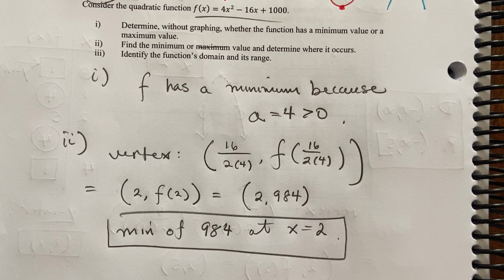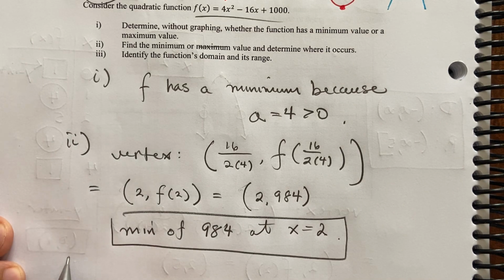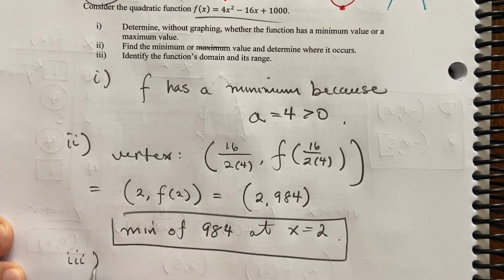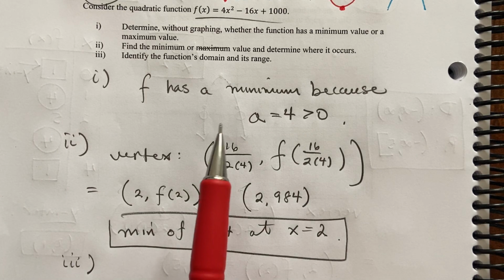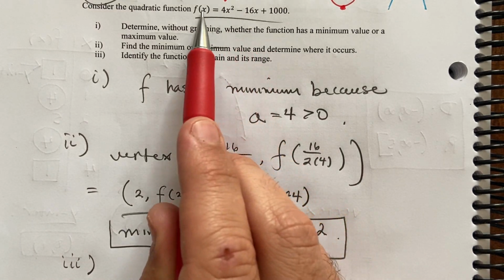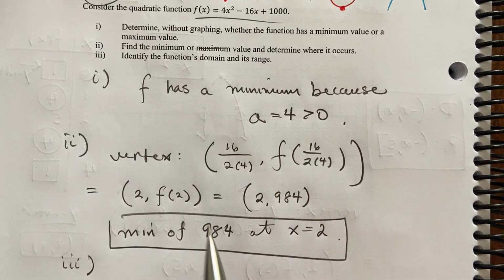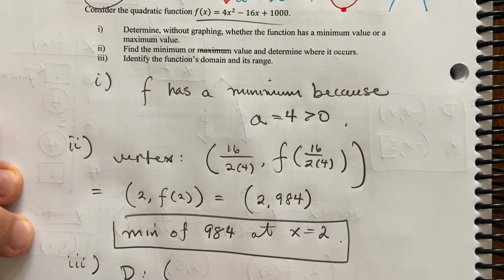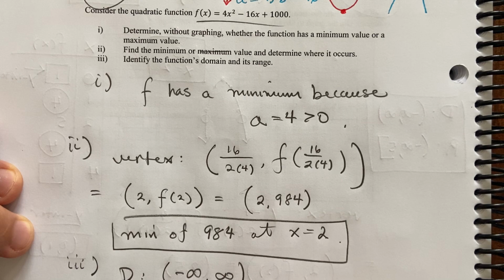Part 3, find the function's domain and range. Since this again is a polynomial, any number can be plugged into here. So the domain will again be negative infinity to positive infinity.